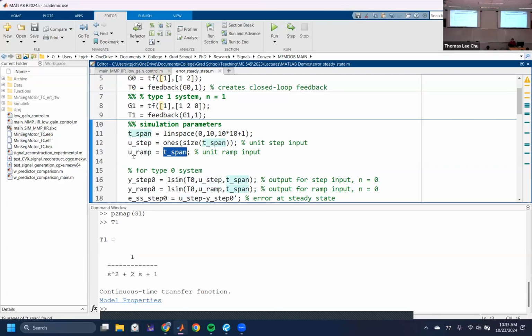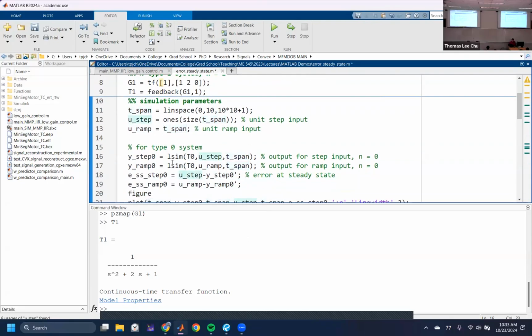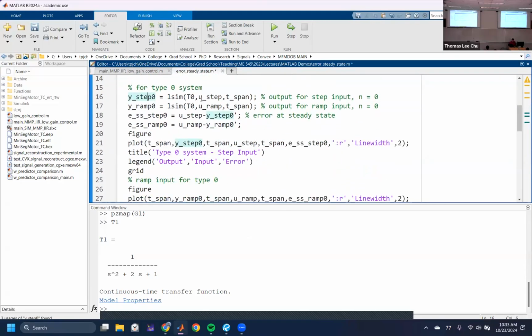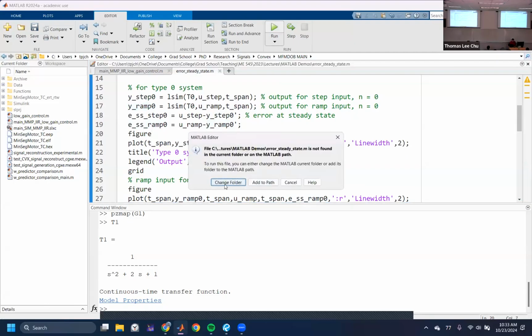This is a unit ramp input. If I want to make it not unit, I can just multiply by some number like 2. And then I simulate using LSIM with step and ramp, and I have my inputs here, and then we'll just run this whole thing.